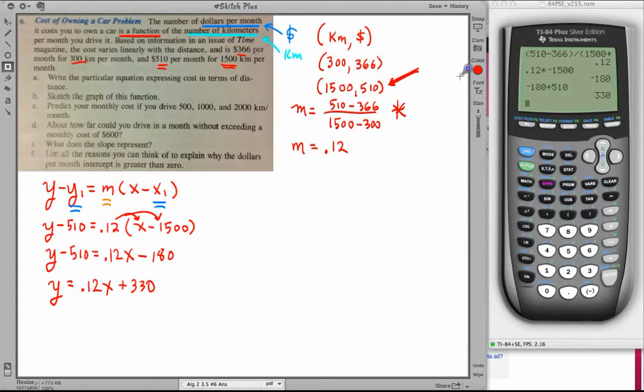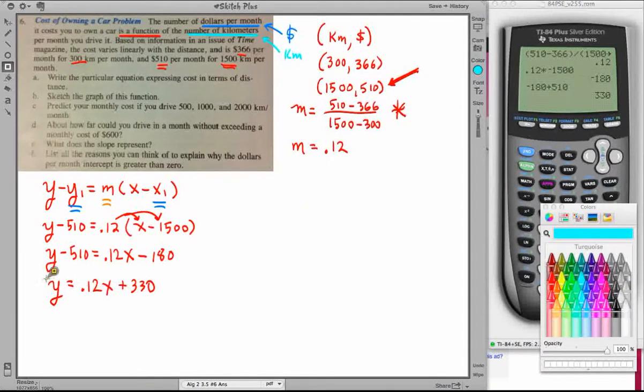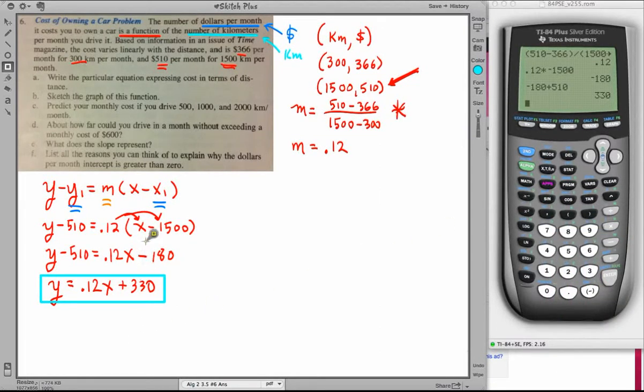This, I'm going to put it in some special color box, perhaps this light blue box. This is called the particular equation. We've used the data and this general form of equation, the point-slope form, to create the particular equation which we can use to do the rest of the problem.